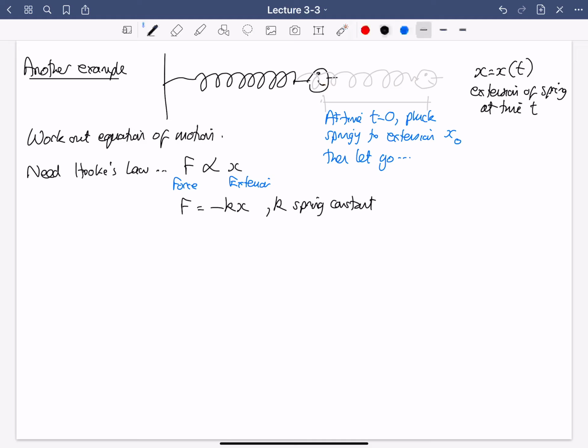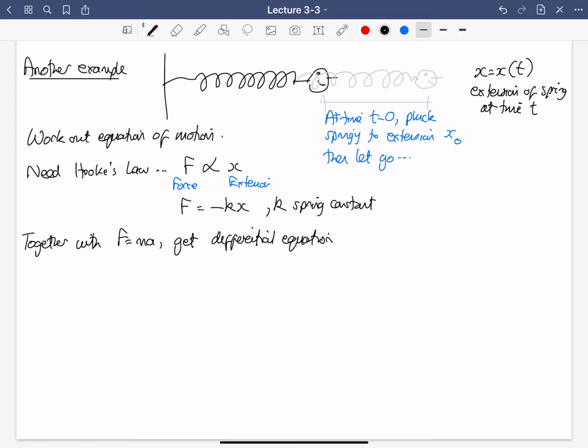So using Hooke's law, together with Newton's law, F equals ma, we get the differential equation for the motion of the spring. The force from the spring is going to be accelerating the head of Springy.